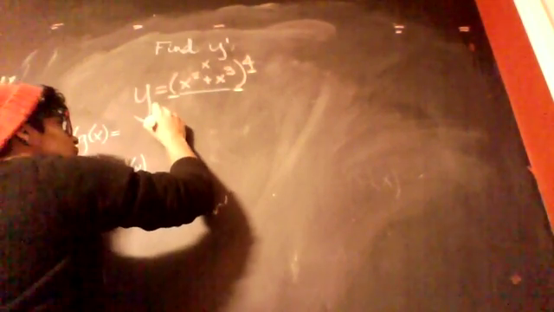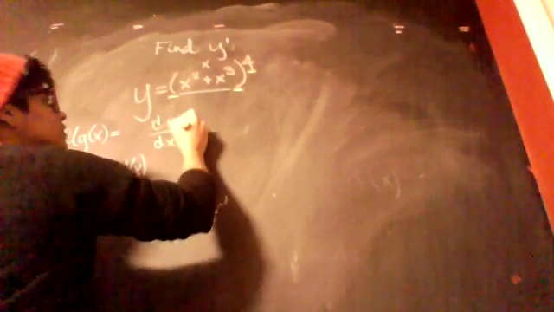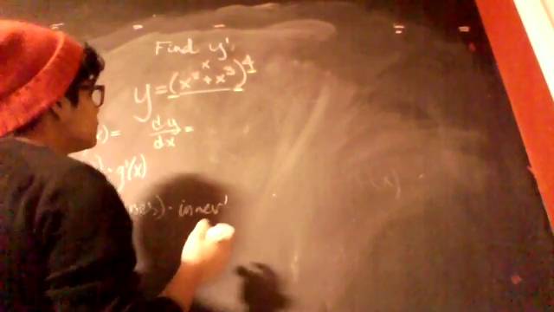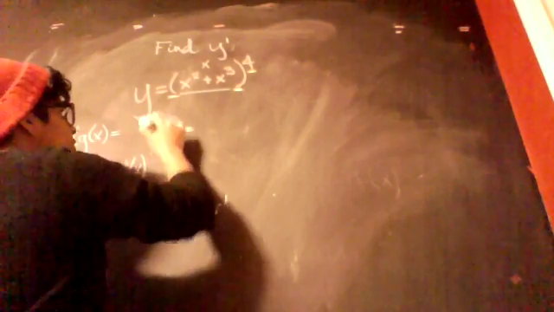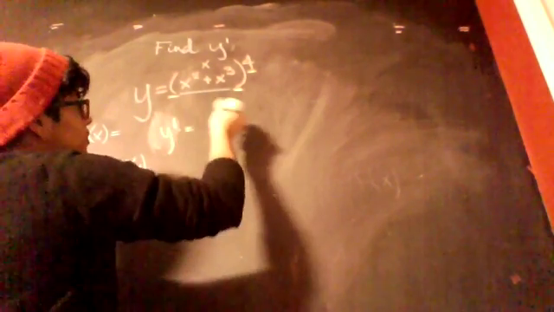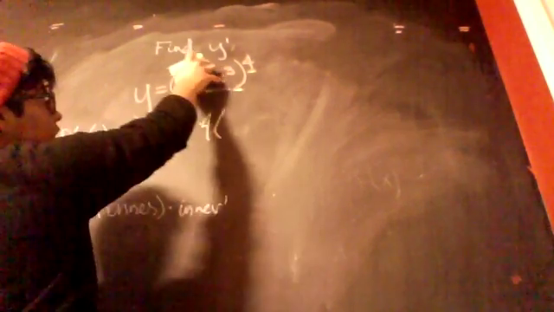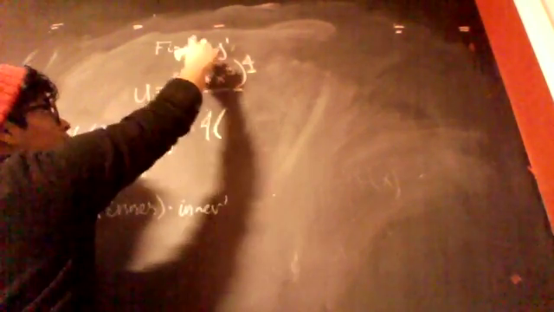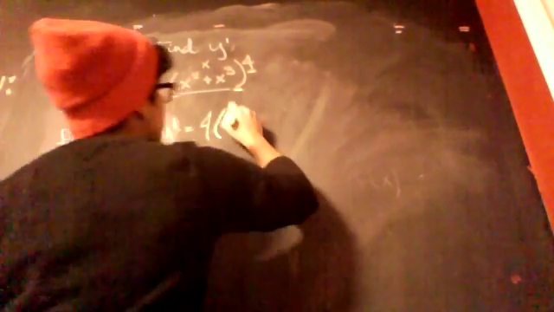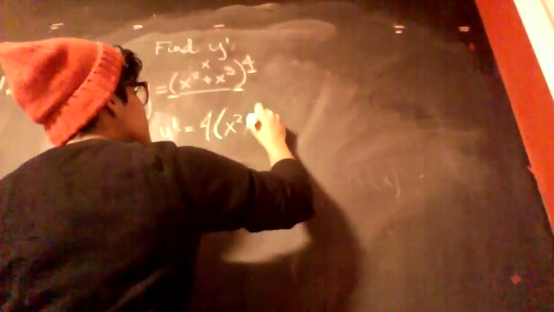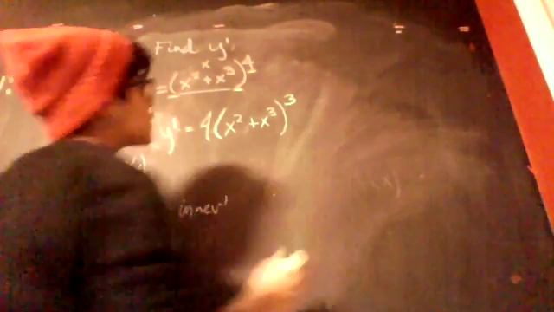So, dy/dx equals, actually I don't want to be wrong with that terminology, y prime equals 4, and then the inner term would be inserted where the x would be for the derivative of x to the fourth. So this would be x squared plus x to the third, and then this whole quantity would be to the third.